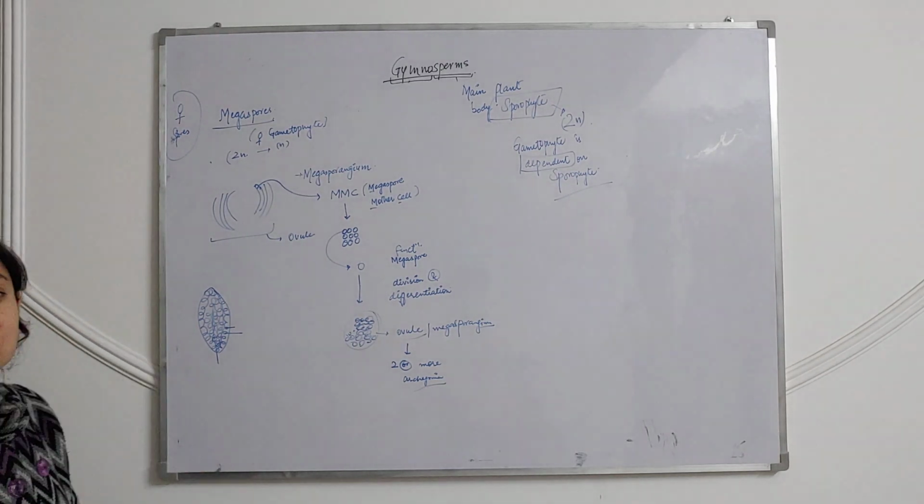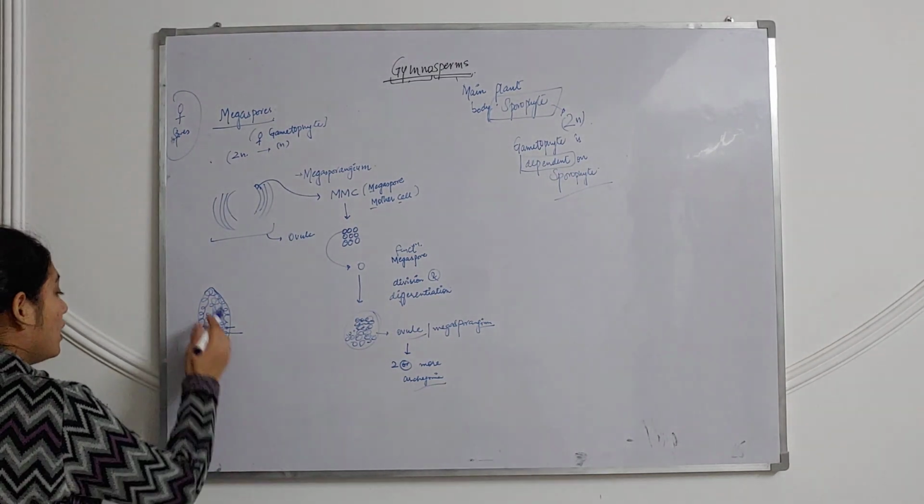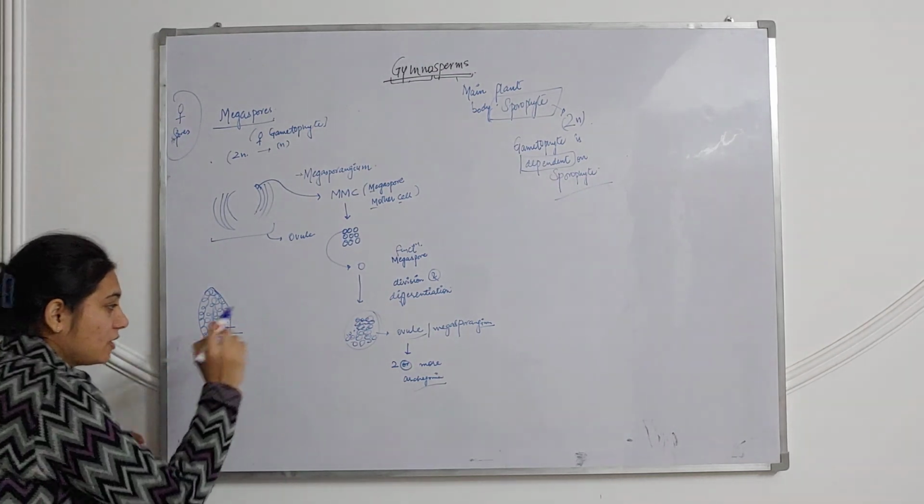So if both are present on their sporophyte, how does fertilization take place?